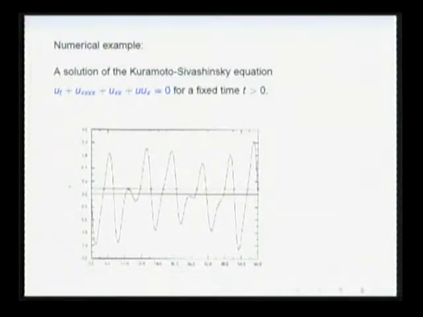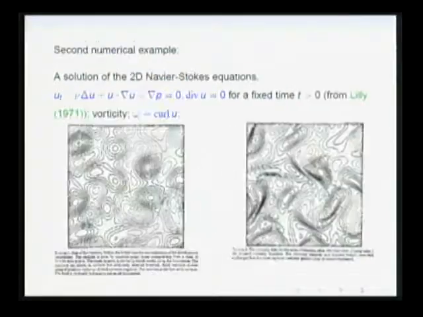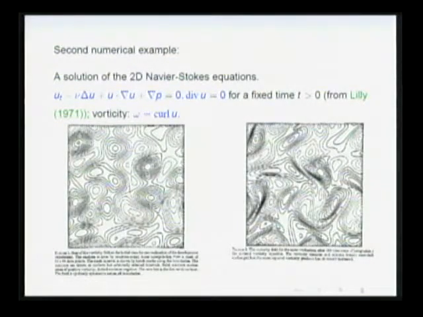If you just look at the Kuramoto-Sivashinsky, you observe that the number of zeros is actually a fixed number of zeros per unit of time, but that's quite difficult to prove. That's a matter of another talk. Here is an example of 2D Navier-Stokes from some physics book, I think Lilly.